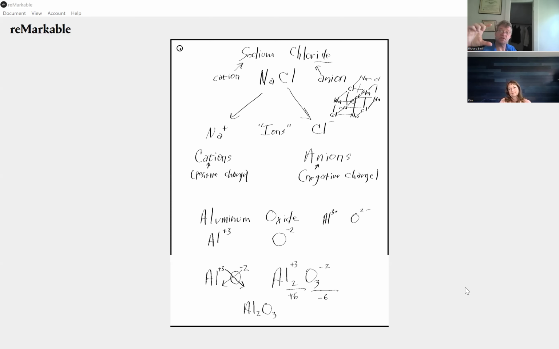I've seen crystals that grow this big. They're huge. As long as the ratio is 1-to-1, that is a fair and legitimate compound.